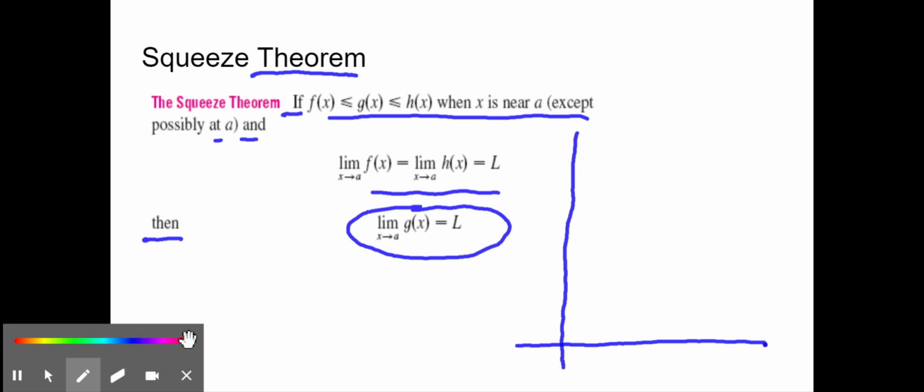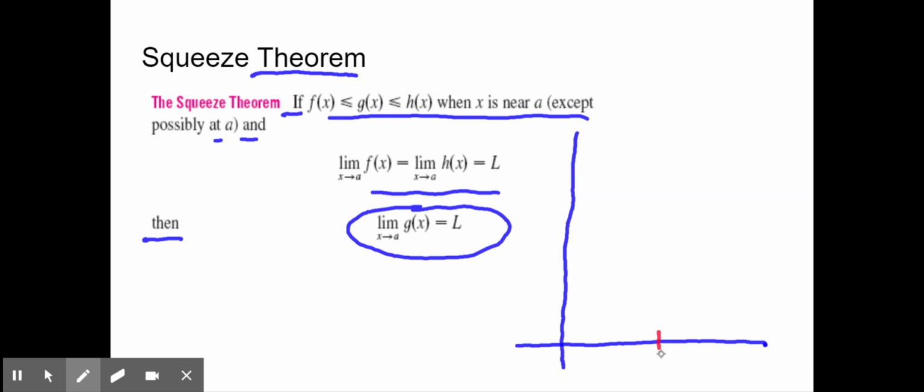Let's talk about our three different functions. Let's start with f of x. So we have a function called f of x. The only thing I know about f of x is I know for certain it is the smallest of three functions. It could also be equal to these. All right. Okay, so it has the smallest y values. And I also know the limit as x goes to a of f of x is equal to L. I can assume that.